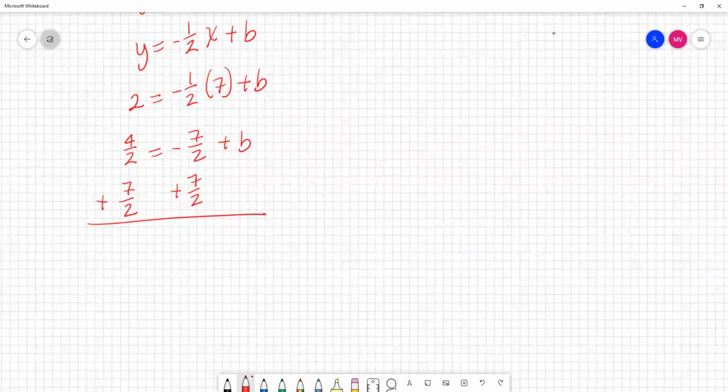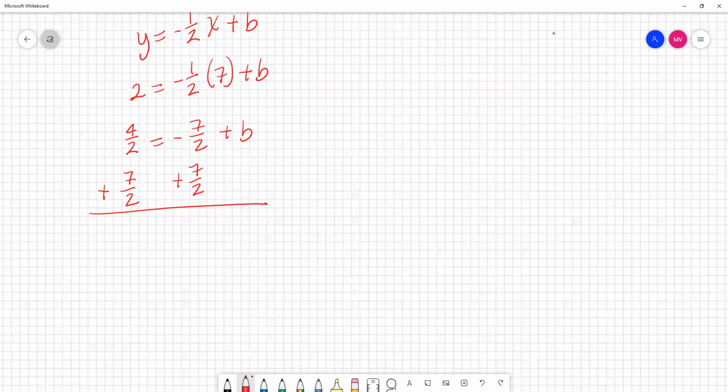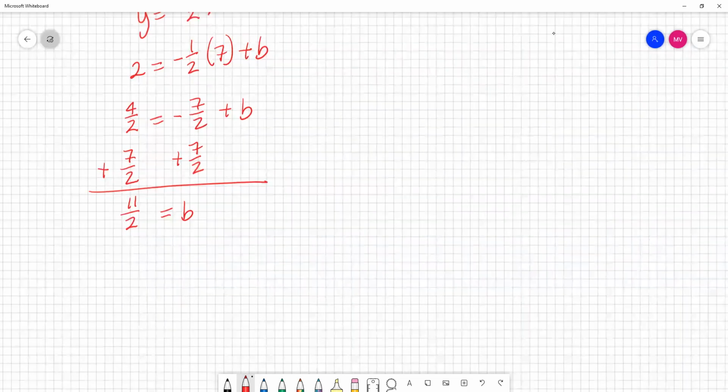Okay. All right, what's 4 plus 7? It's 11. Lord have mercy. And 2 goes into 11 5 times with 1 left over. So 5 1/2 is where this line intersects the y-axis.